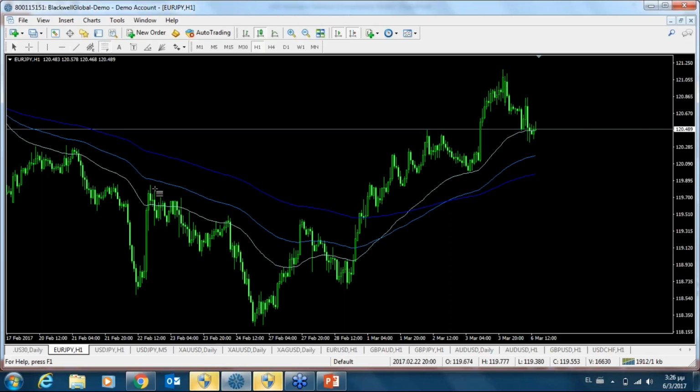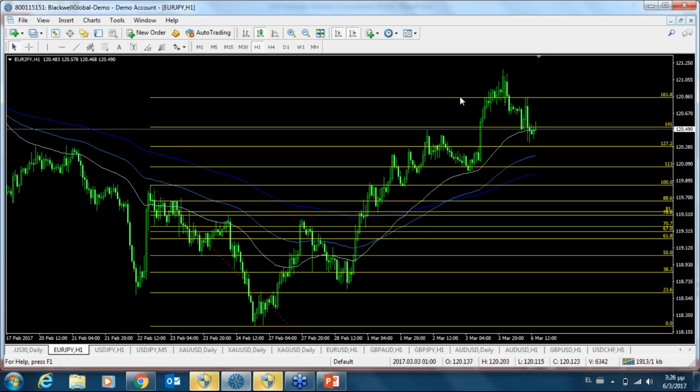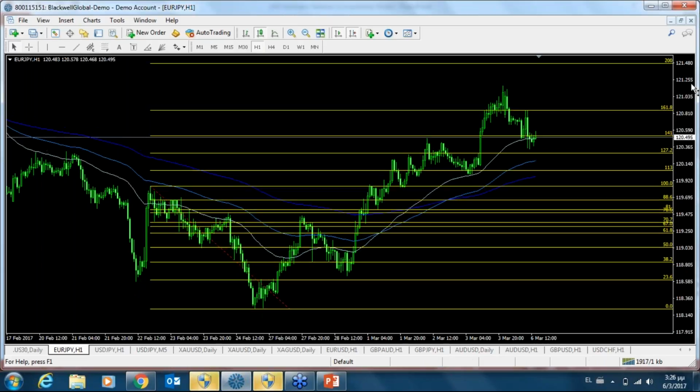So we will then pull the Fibonacci from A to B and look at whether or not that peak has actually landed somewhere potentially where it may have reversed. Now you've also got that one more line at the very top here.